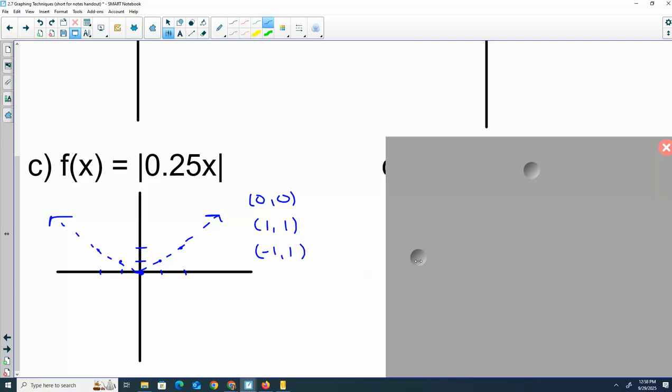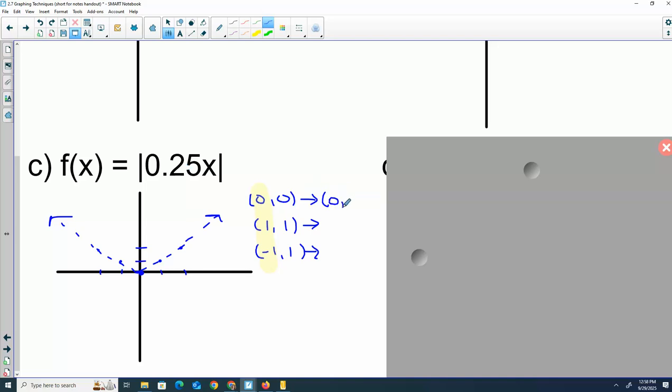I'm writing out the points not because I expect you to, but I do think it's helping some people. So if you don't need it, that's okay. But if you do, take this time. You only have to do a few points, okay? Is this 0.25 going to change my x or my y? X, because it's inside my absolute value. Inside does the opposite. So the opposite of multiplying by 0.25, divided.